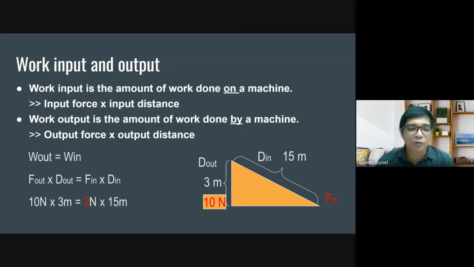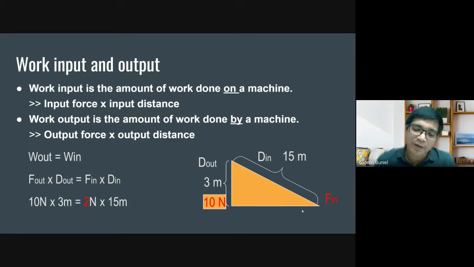Now let's talk about work output. It's the same thing. Work output is the amount of work done by a machine. So work output is equal to output force times output distance. Okay? So this figure is an example of it.